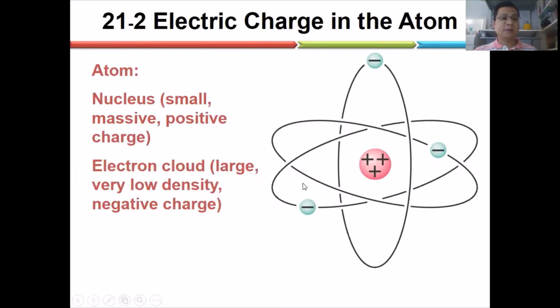We call this surrounding negative charge the electron cloud, a very low density negative charge. In the core, we have the nucleus, a small massive positive charge. This is the atom's size.